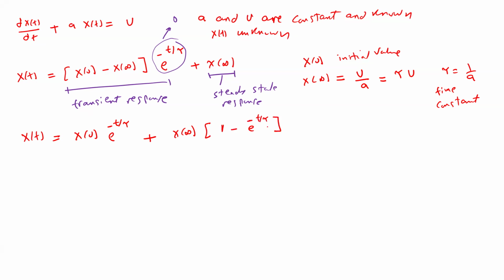Okay, so it's the same equation, but I did a very simple manipulation so that I have one term that has x of 0, and the other one has x of infinity.